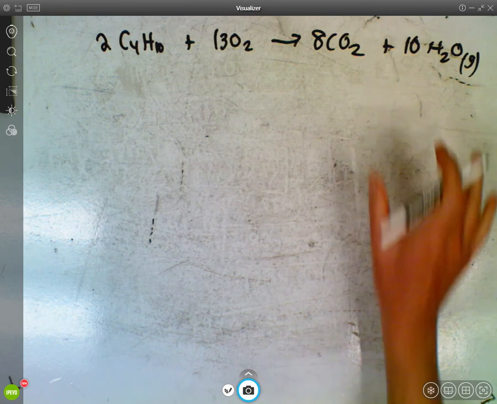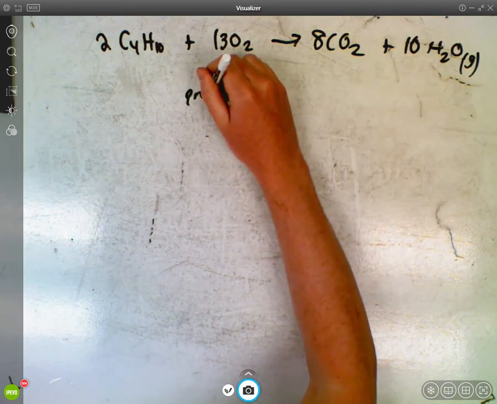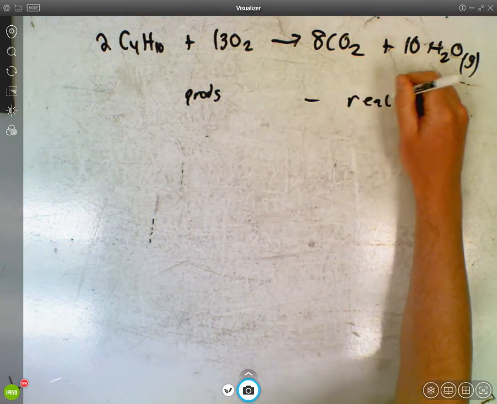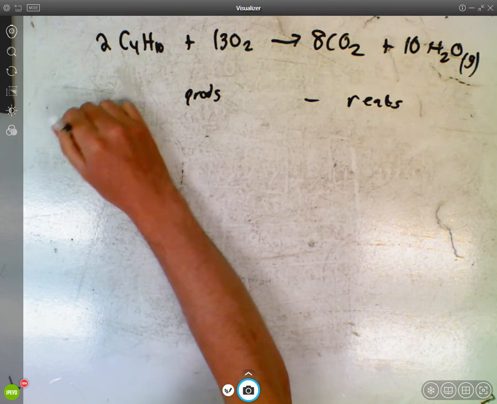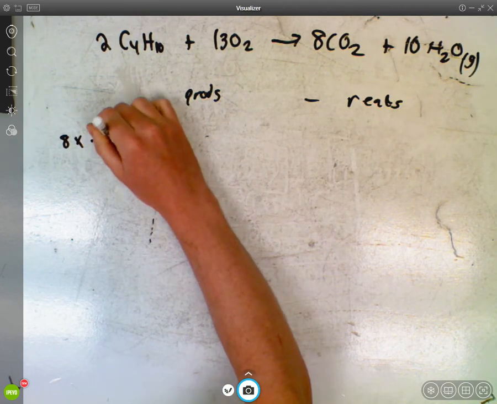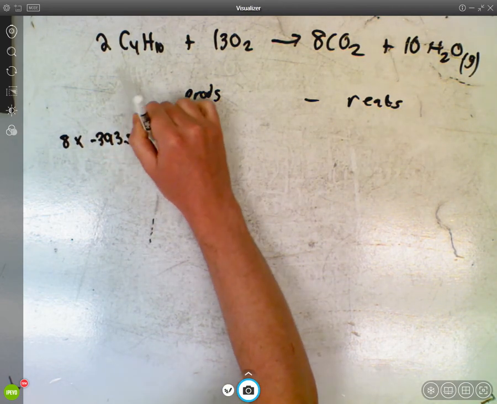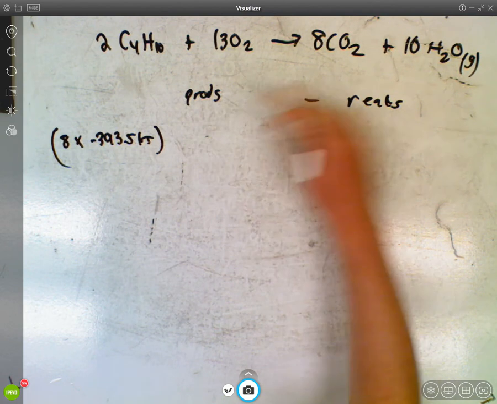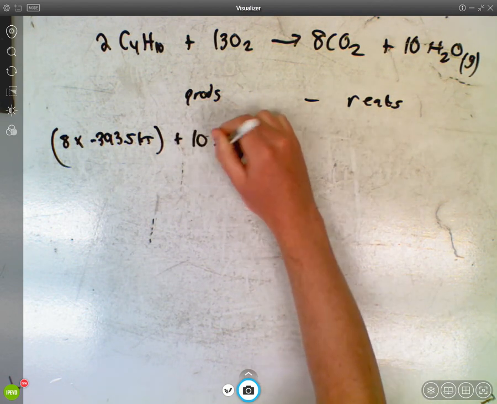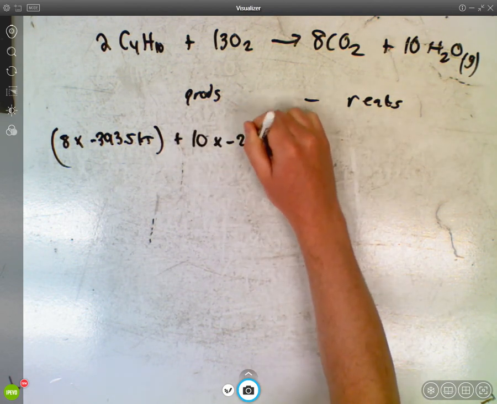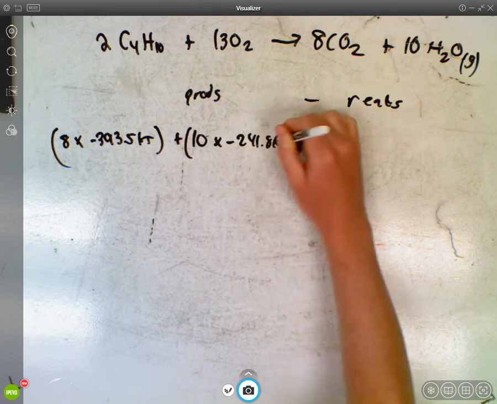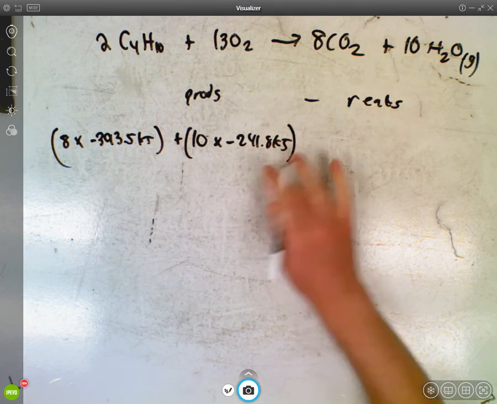Okay, so I'm going to do these first. So I'm going to do my products minus reactants. So I'm going to go 8 times CO2, which is negative 393.5 kilojoules. And then I have 10 H2O gas, so negative 241.8 kilojoules for the H2O gas.